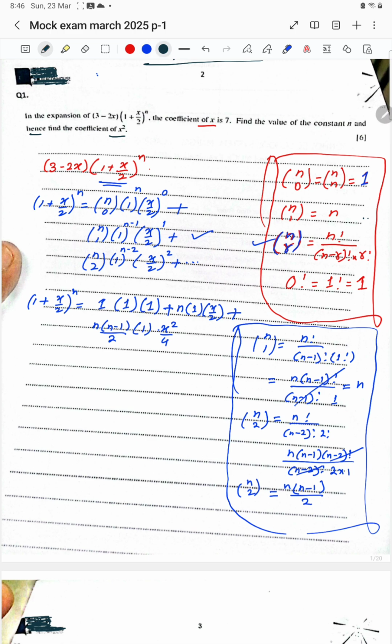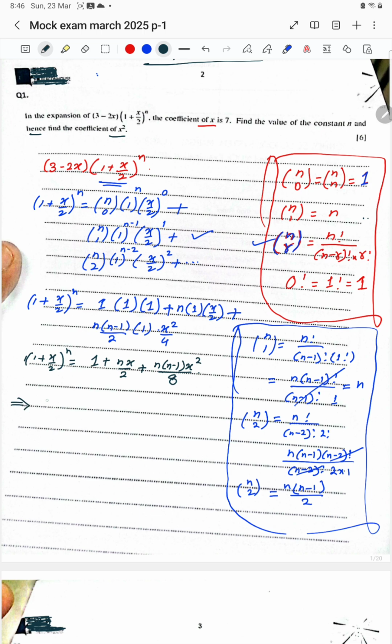Okay, now finally we have expanded it, so I can write (1 + x/2)^n in the most simplified form: 1 + nx/2 + n(n-1)x²/8, right?